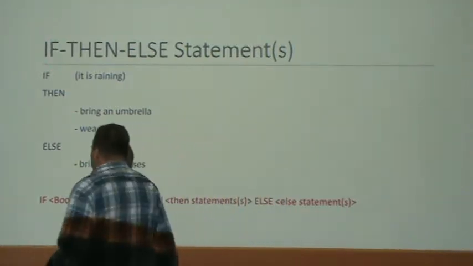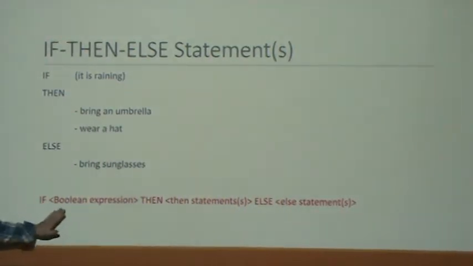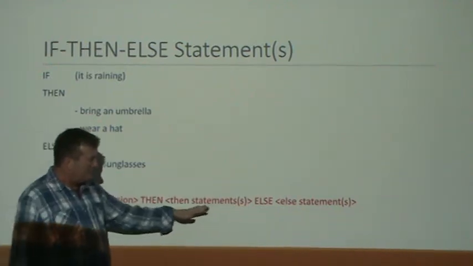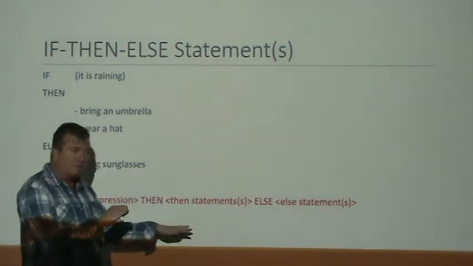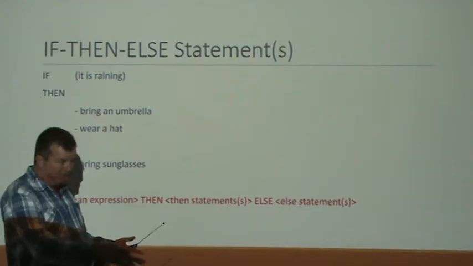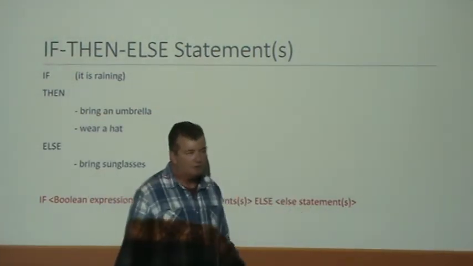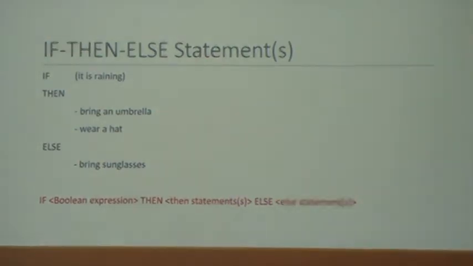So the structure is if, followed by a Boolean expression, then you have your then instructions. If the Boolean expression is true, those are the then instructions, followed by the word else, and then you have your else instructions.